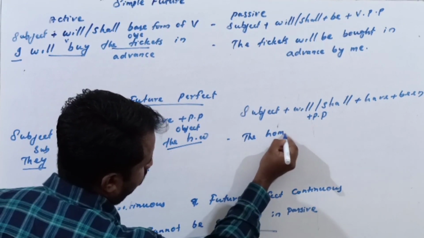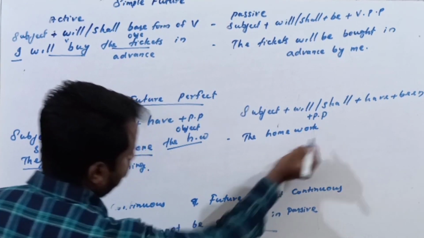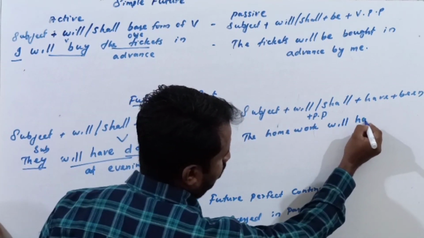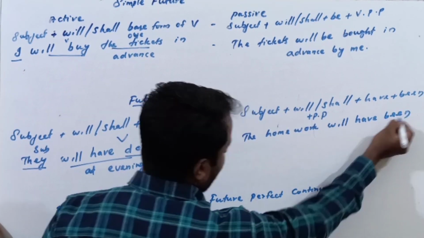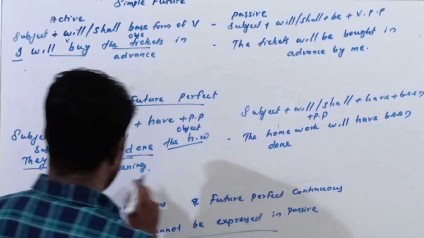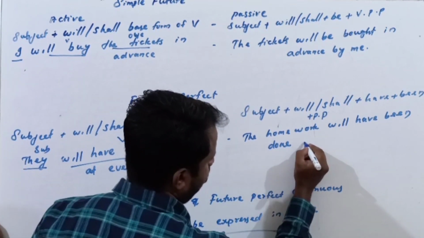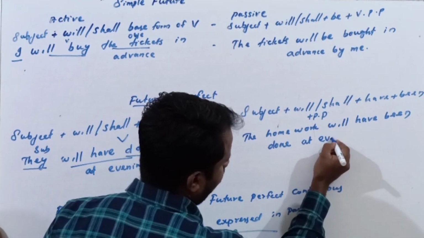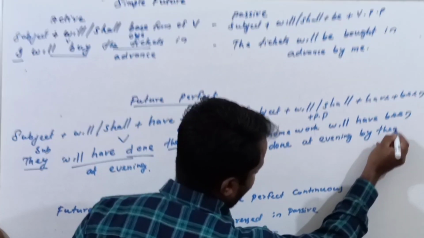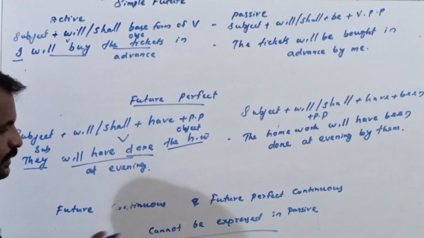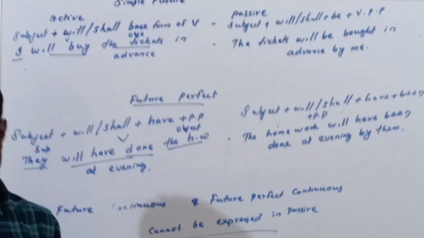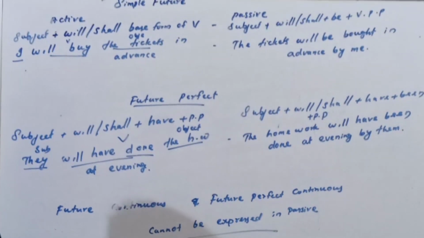The homework will have been done at evening by them. As we have seen here, future continuous and future perfect continuous cannot be expressed in passive form. They can be expressed in active form.